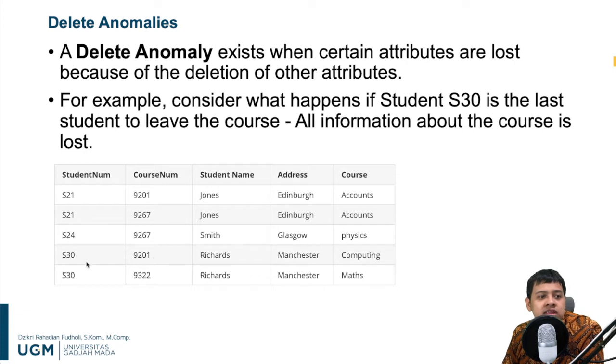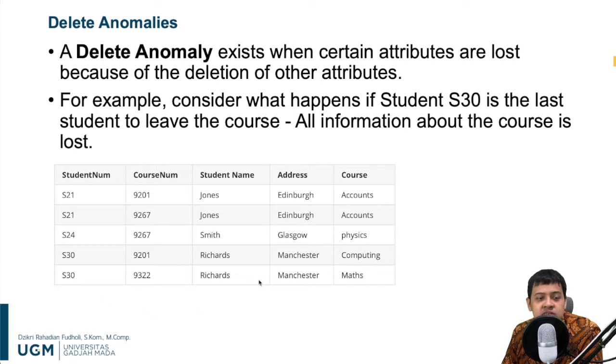If we imagine that Richard is no longer attending the course 9201, or this one, so we want to delete S30. Like, for example, these students have already graduated, so we want to delete them from the database, but here S30 or Richard is the last who attends the math course.